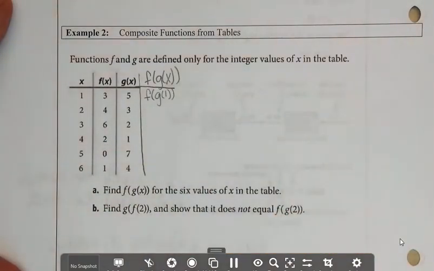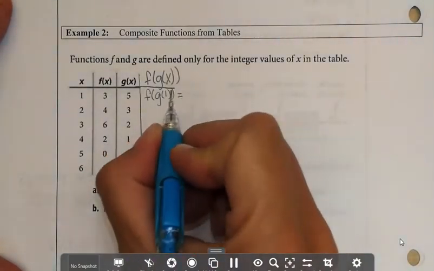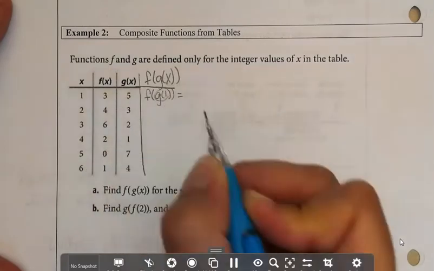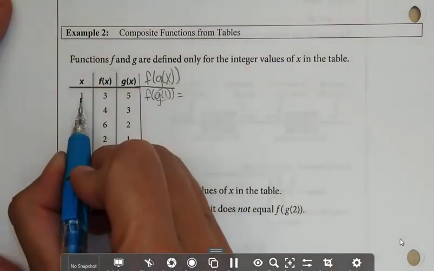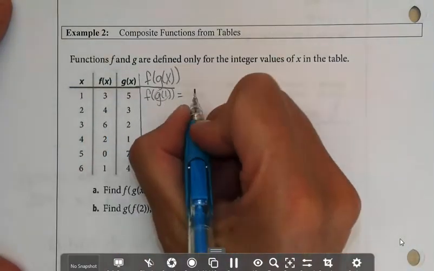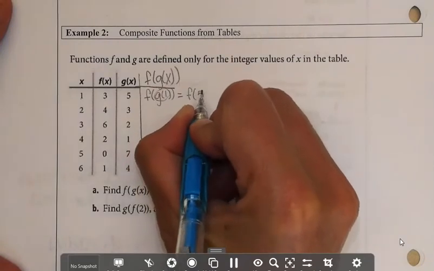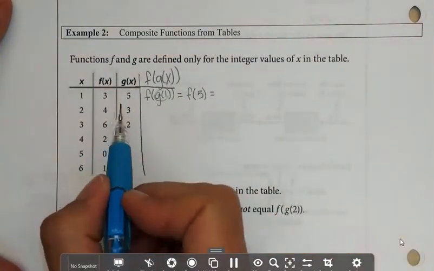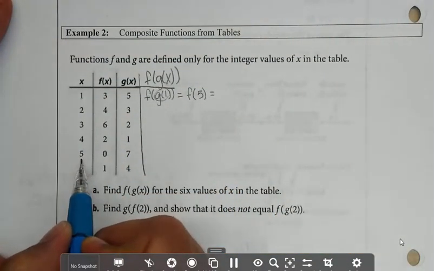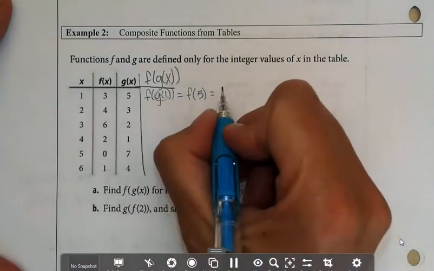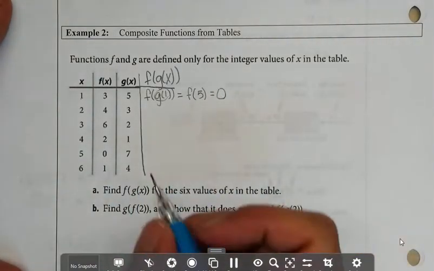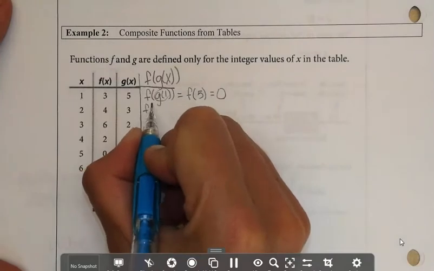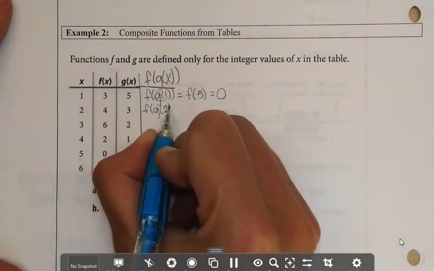It helps me to write this out. So when I think about g of 1, if I plug 1 into g, I get 5 out. So really what I'm looking for is f of 5. Well, f of 5 is down here. If I plug 5 in, I get 0 out. Okay, so that one's done. Next, I'm going to do f of g of 2.